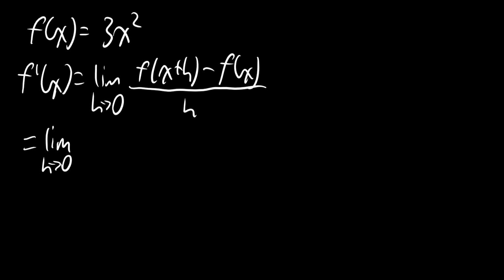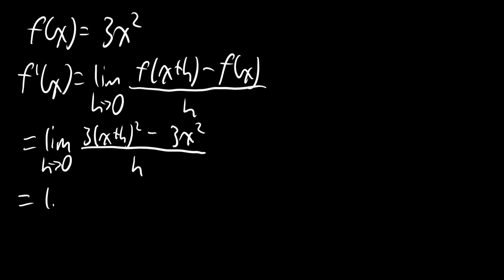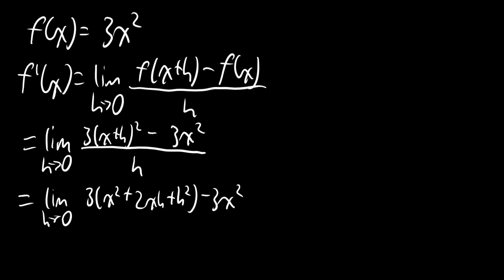And f of x plus h, so that would be 3 times x plus h squared minus 3x squared over h. Expanding this out, we get 3 times x squared plus 2xh plus h squared minus 3x squared over h.